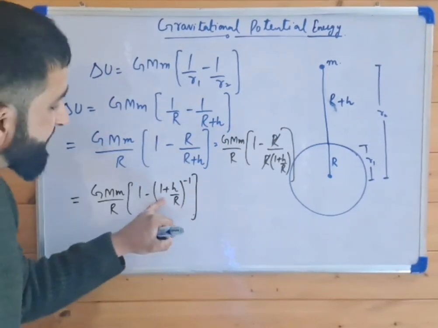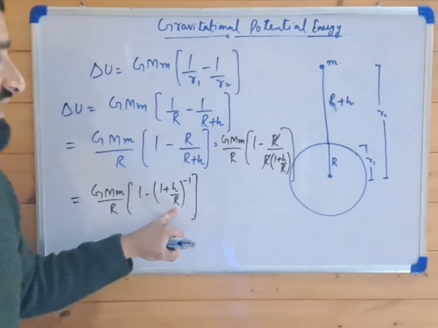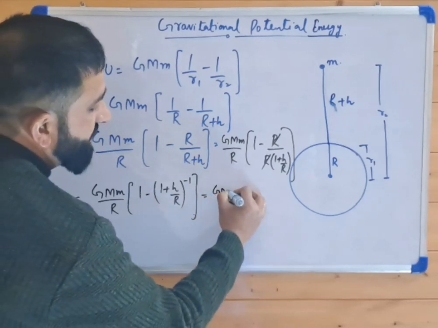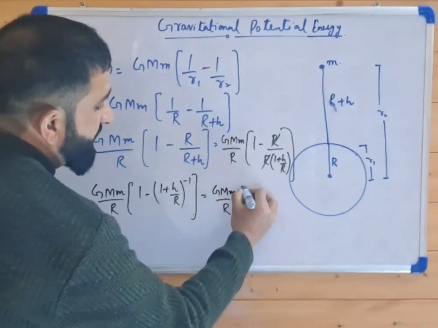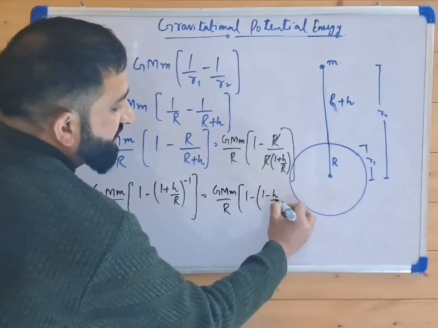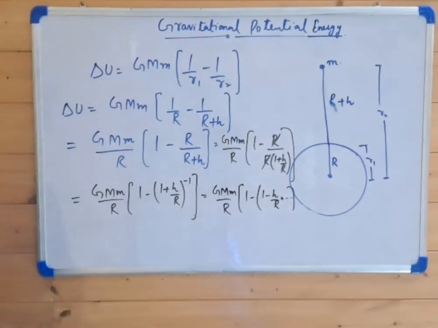Now expanding this by binomial theorem and neglecting the higher powers, we get GMm divided by R into 1 minus h divided by R, neglecting the higher powers.